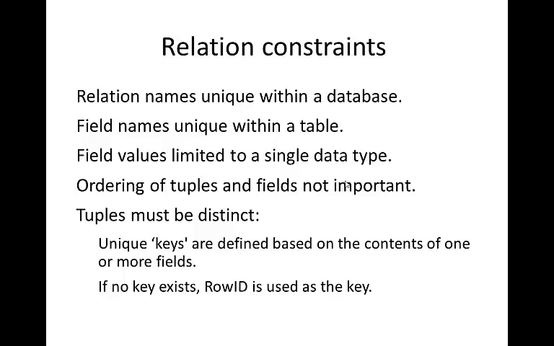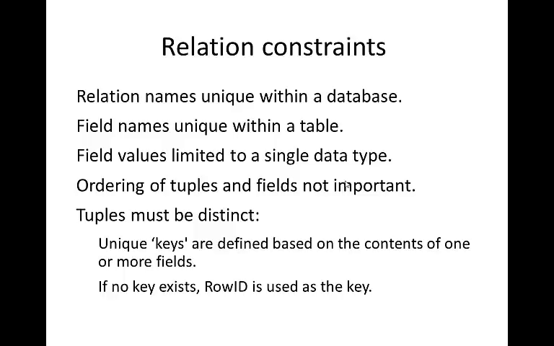Field values are limited. The values that can be stored in a field are limited to a particular single data type, what we've already talked about, the data type, and also the range of values, the domain within that data type. So you can't store a number in a text field as a number.